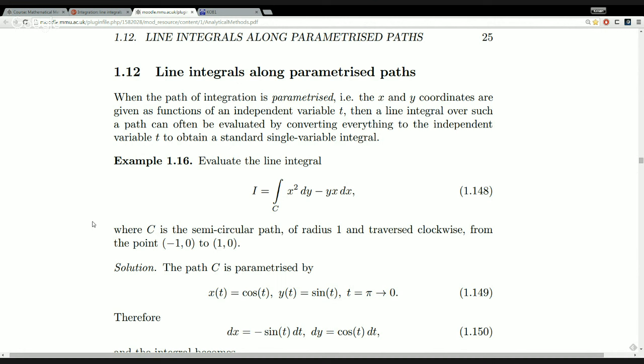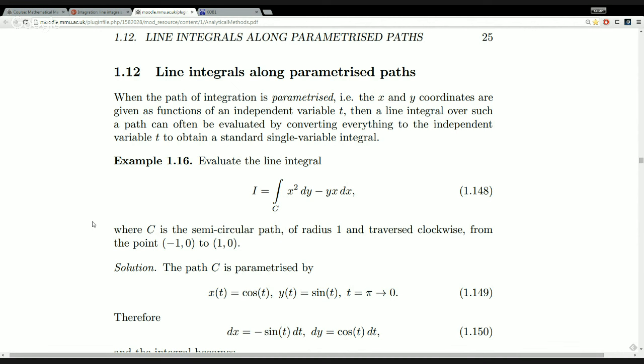And now you see, the best way to describe C here is not by y equals some function of x, or x equals some function of y, but rather using a third parameter. Circles are not easy to describe as y equals a function of x or x equals a function of y.